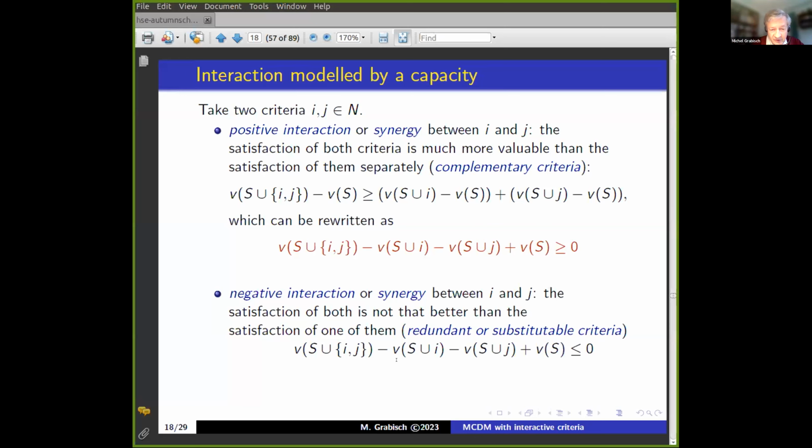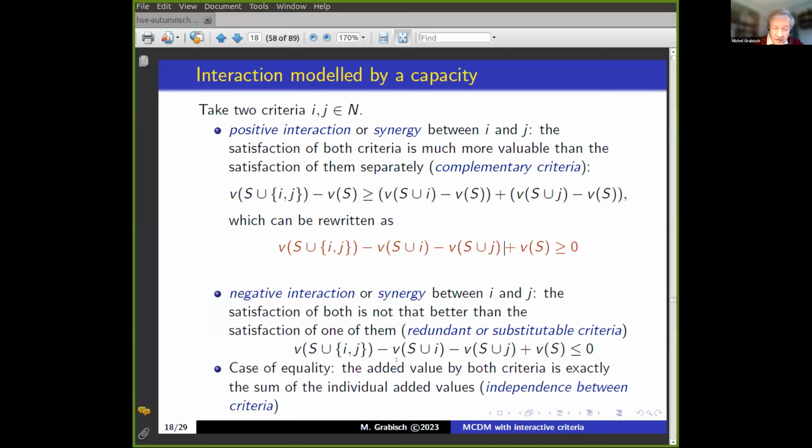So you have the opposite inequality. And we can also say that in case of equality, there is no interaction, and we can consider the attributes as independent. Independent in some sense. We don't know exactly what it means, how to relate this with the previous properties, I want to say. Okay, so this is fundamental.